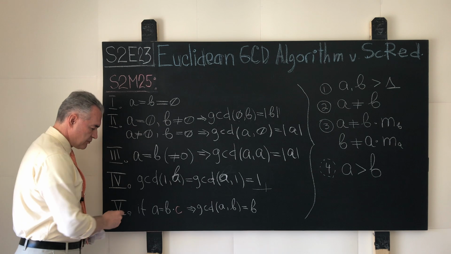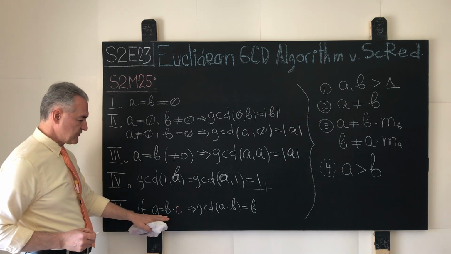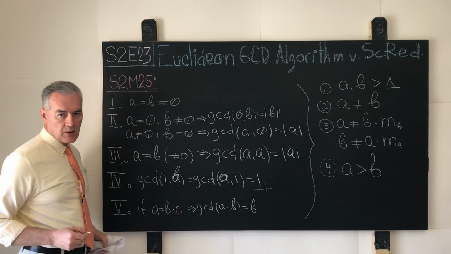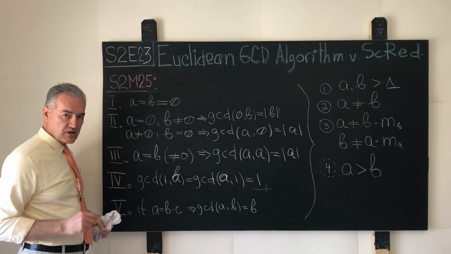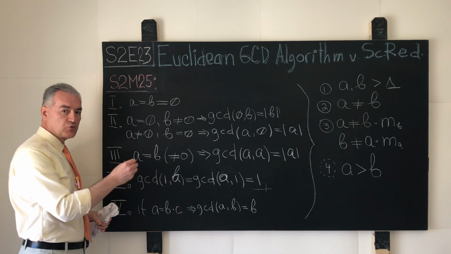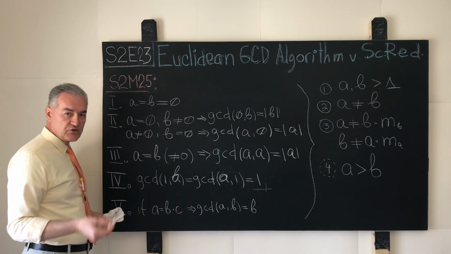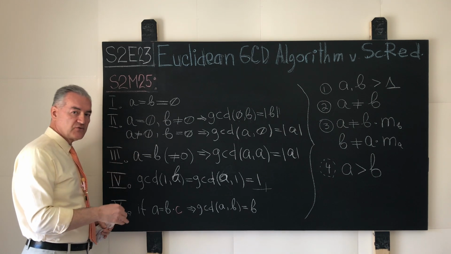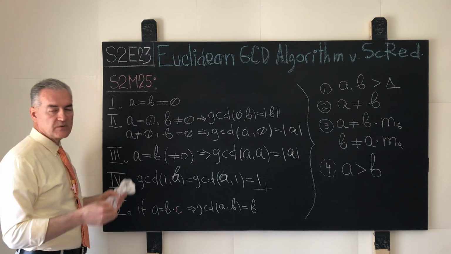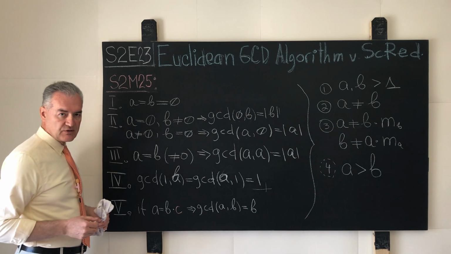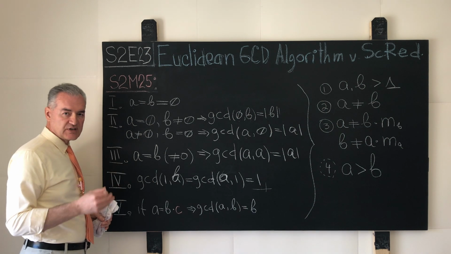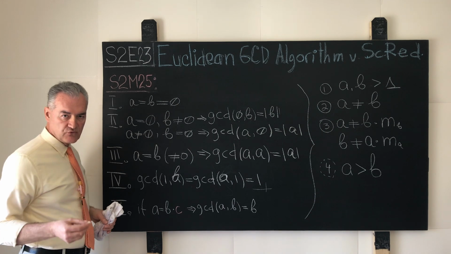The last condition, number 5, that I can think of is the fact that, for example, one number in the pair divides the other number, as we saw, for example, with the pair 12 and 24. 24 does not divide 12, but 12 divides 24. Obviously, the answer to the question of what is the greatest common divisor of 12 and 24 is 12.